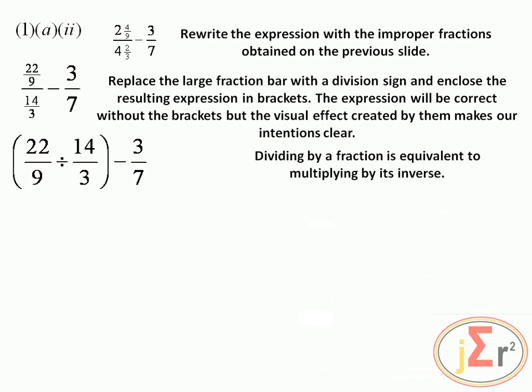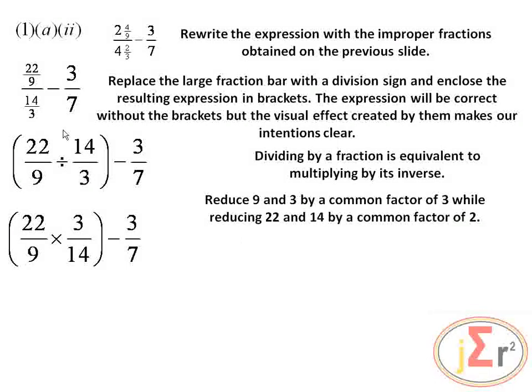Dividing by a fraction is equivalent to multiplying by its inverse. So whereas we are dividing by 14 over 3, we will multiply by 3 over 14. The resulting fraction may be reduced.